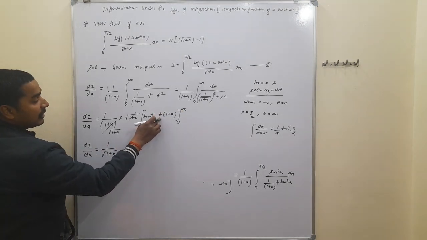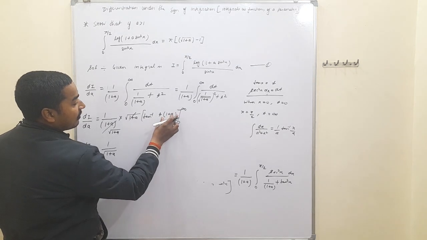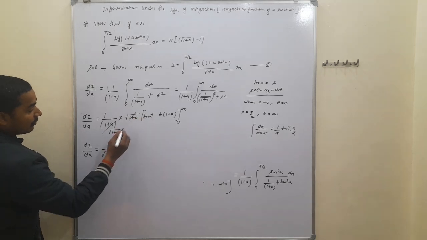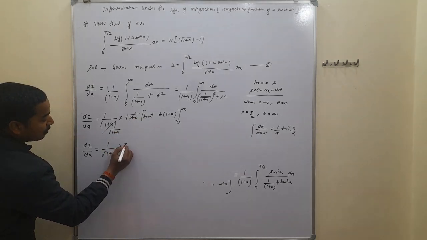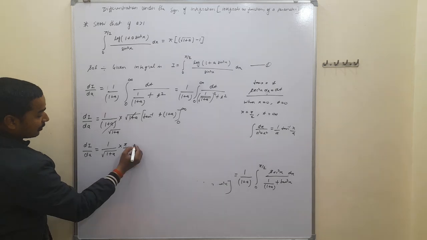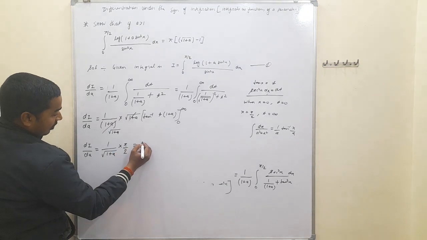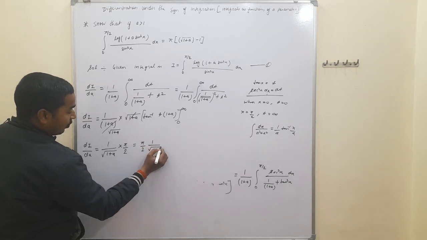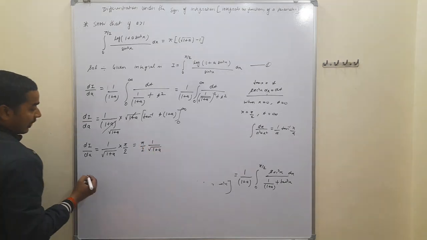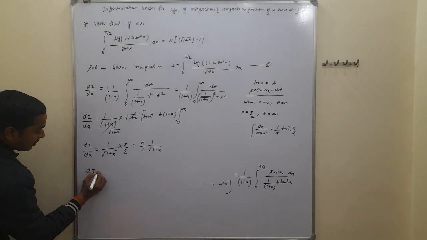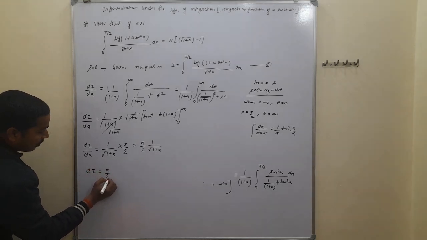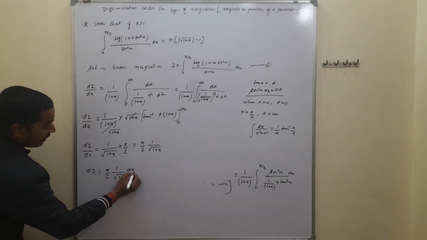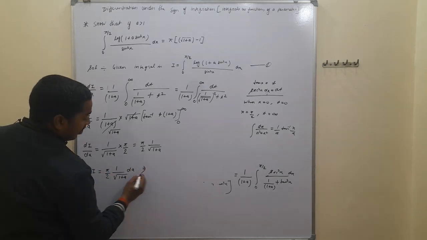When we put infinity in place of t, we get tan inverse of infinity, which is pi by 2. So dI is equal to pi by 2 and 1 upon under root of 1 plus a dA, and integrating both the sides.